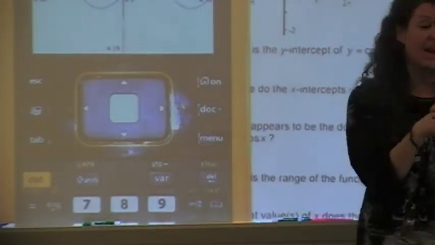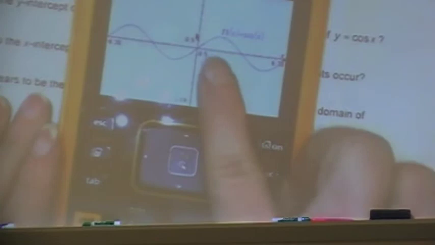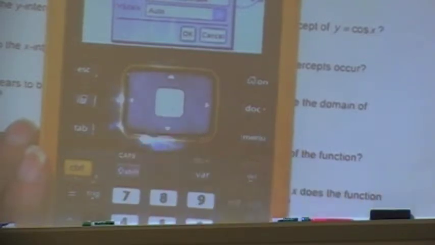Another thing that might help: this particular worksheet was done based on the 84, and on the 84, it doesn't give all these little hash marks in between. If you want yours to look like theirs, I could hit menu, window, zoom, and on my window settings, I could plug in pi divided by 2, and it should give me hash marks at every half pi, just like the worksheet does.